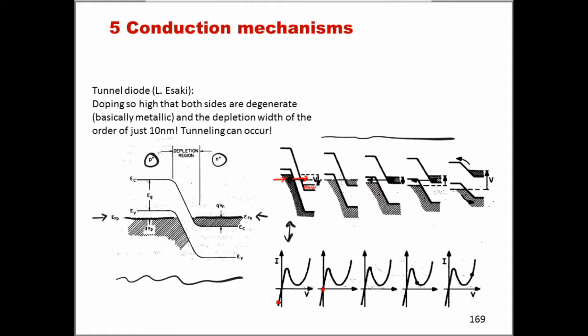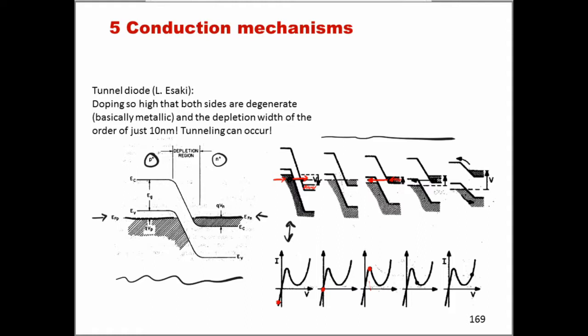But then if we keep increasing the voltage a little bit, so we move to a slightly positive bias, then by applying a positive bias to the PN junction, what we are effectively doing is either pushing upward the N side or pushing downward the P side. In both cases, the filled states that are here now see in front of them empty states, and they can tunnel through.